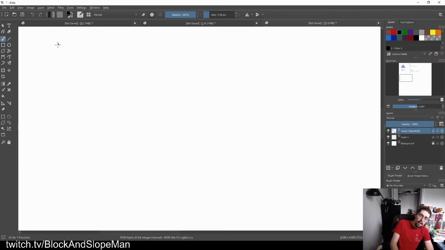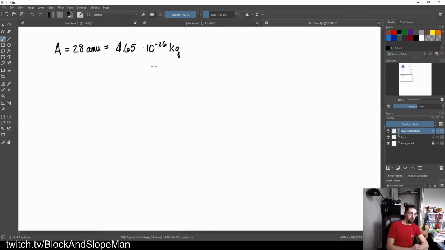I know that nitrogen gas has a mass of 28 atomic mass units. I need to convert that into kilograms. And using the conversion that was on the screen right there, this should go into 4.65 times 10 to the negative 26th kilograms. And that is the mass per particle, mass per molecule, rather.